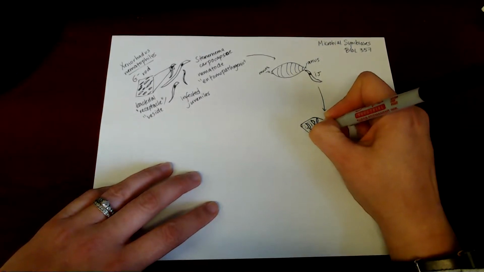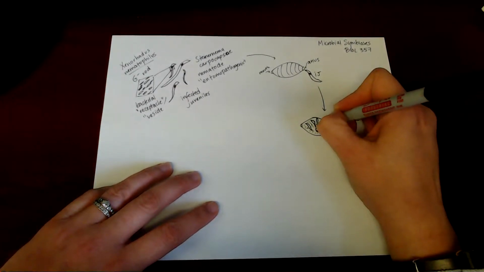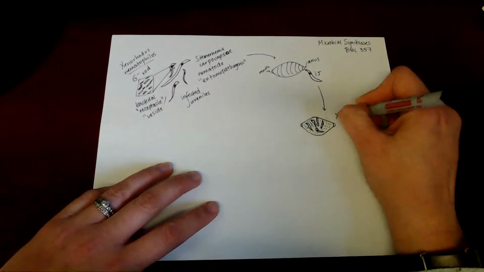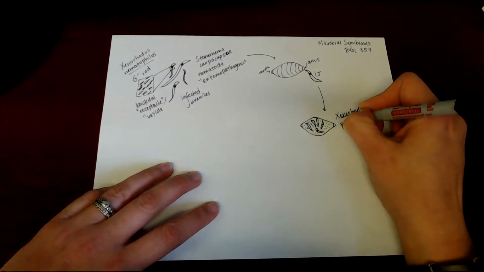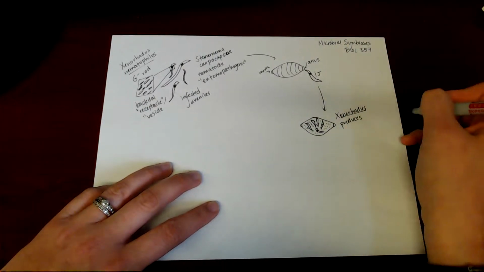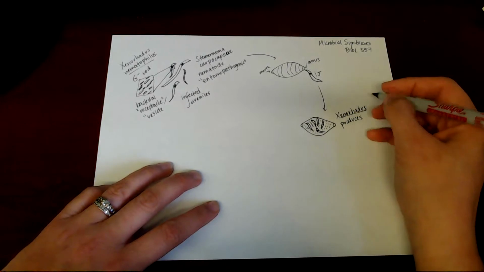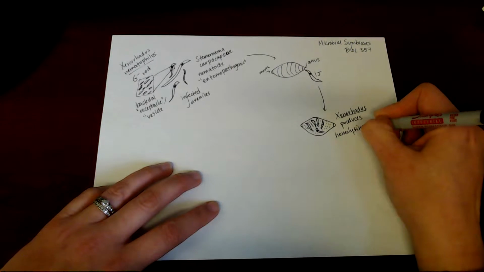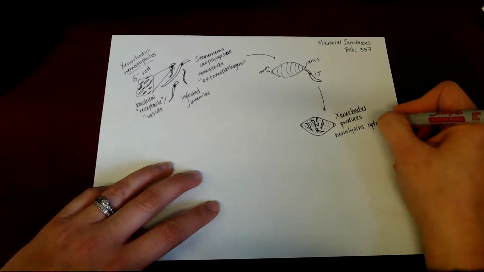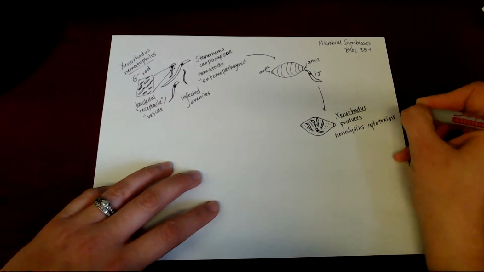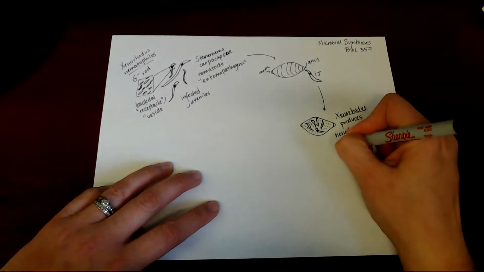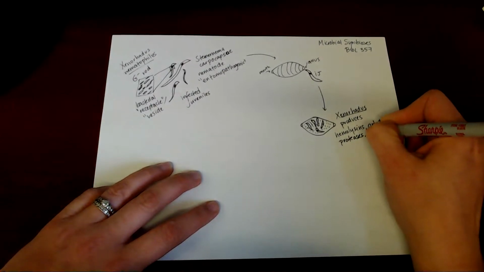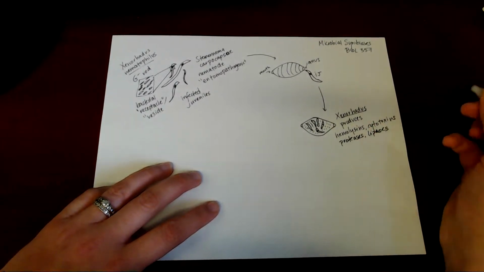Okay? And as they do so, Xenorhabdus produces a variety of compounds which will actually end up killing the insect host. So they produce hemolysins, cytotoxins, which will all help, and a large variety of proteases, lipases, which break down lipids.